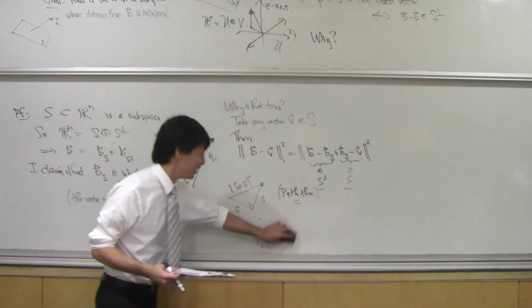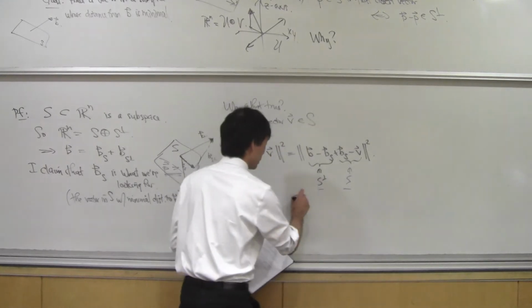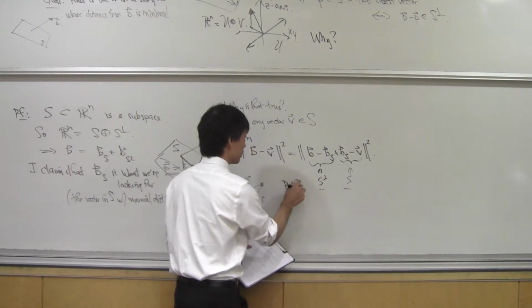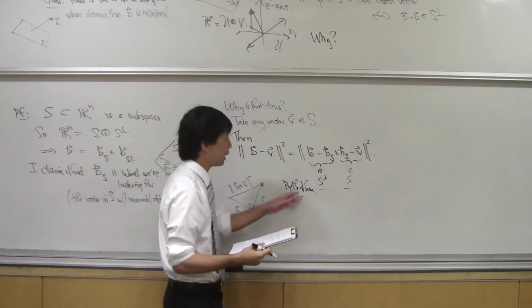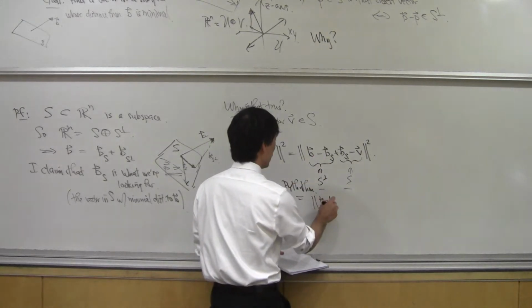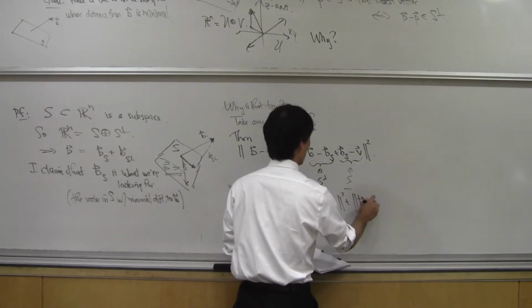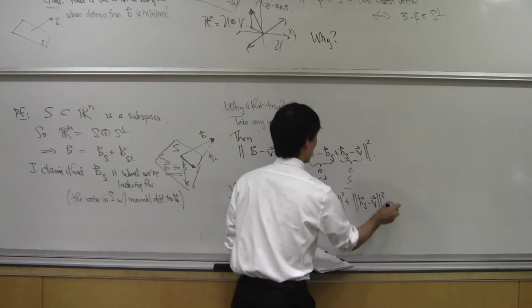So by the Pythagorean theorem, this is equal to the magnitude of this squared plus the magnitude of this squared.